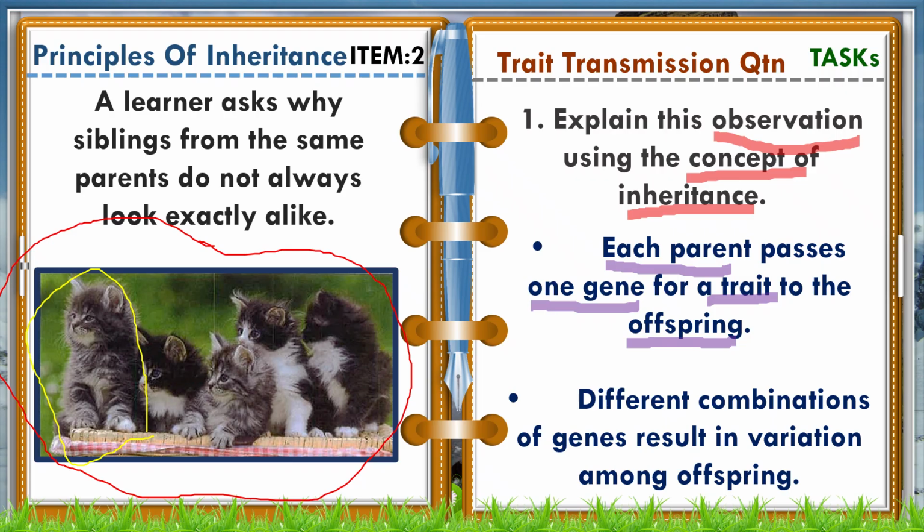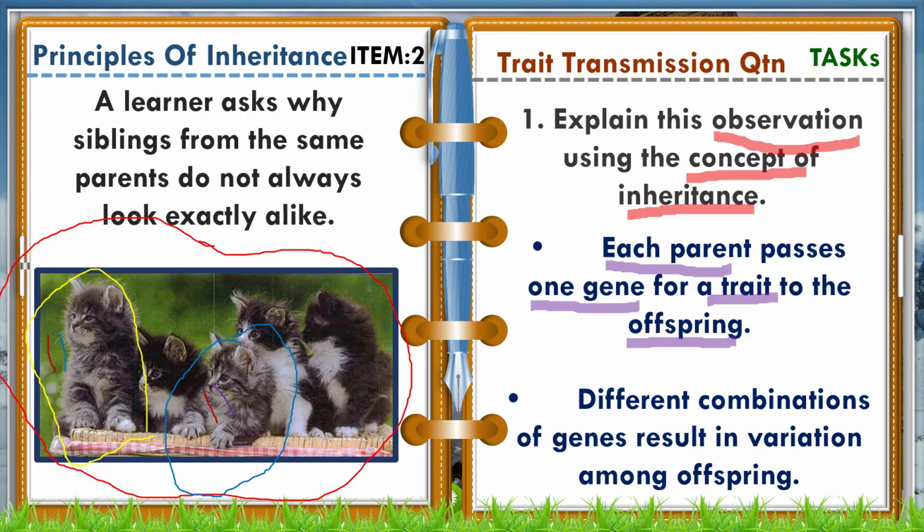Maybe there was a gene coming from the mother, and there was another gene coming from the father. So those genes were passed over to that one. The same applies to this one. One gene came from the father, and another gene came from the mother, and then the rest.